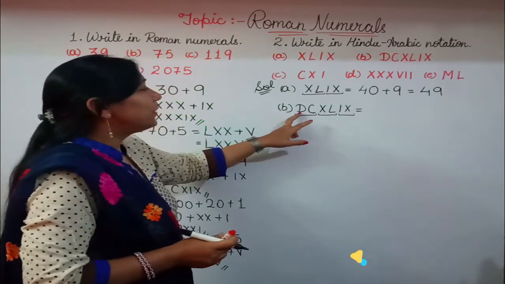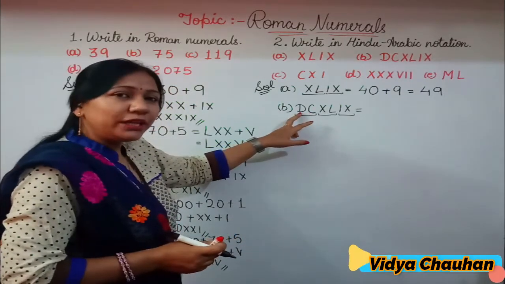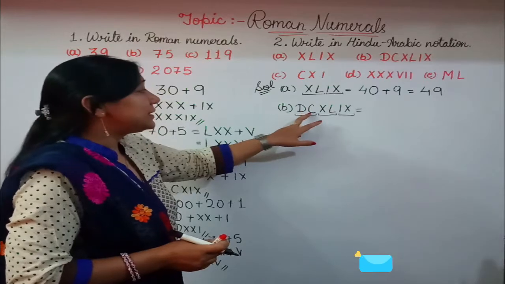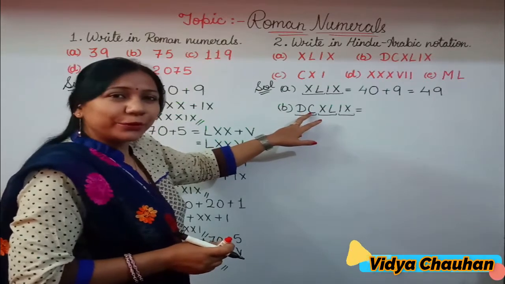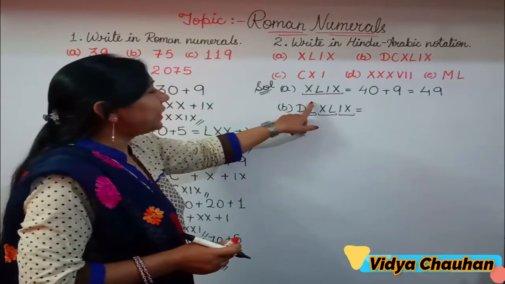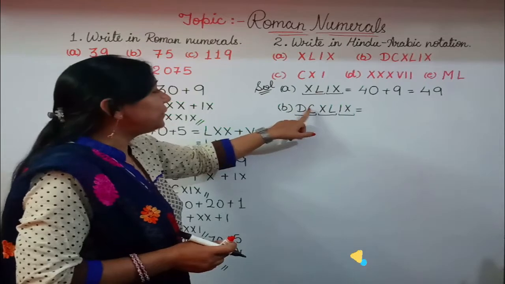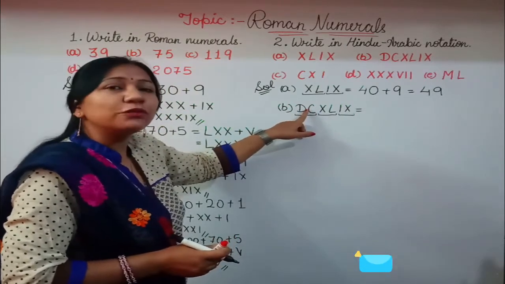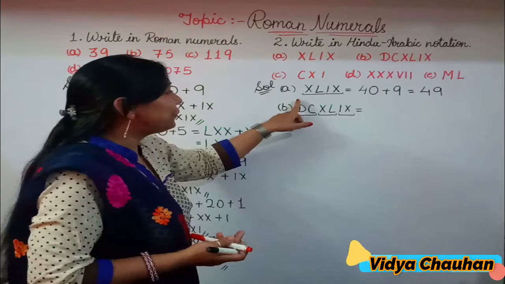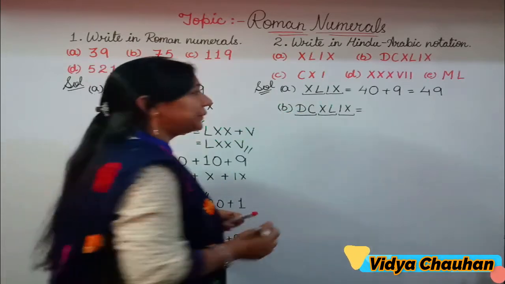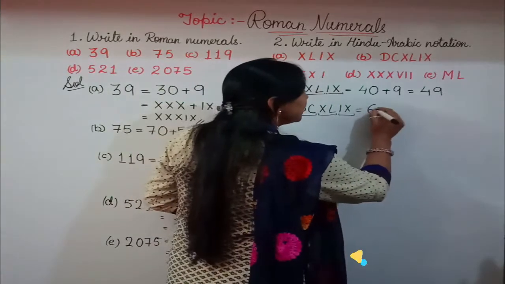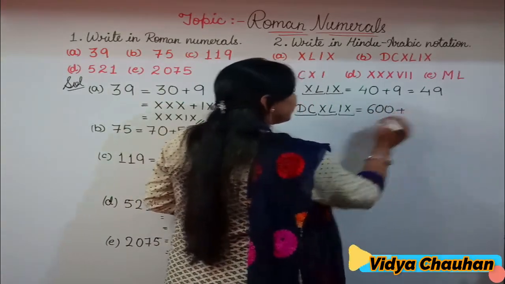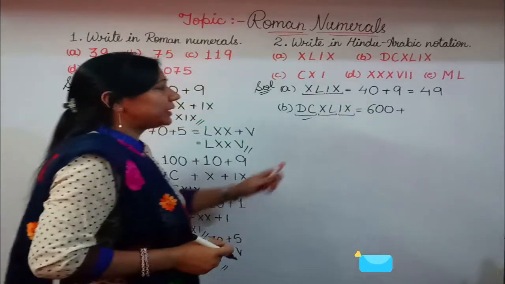What is the value of D? The value of D is 500. C is 100. Since 100 comes after 500, a smaller value after a bigger value, it will be added. So 500 plus 100 gives 600. So we have done the first group.